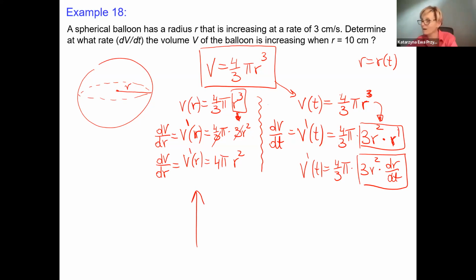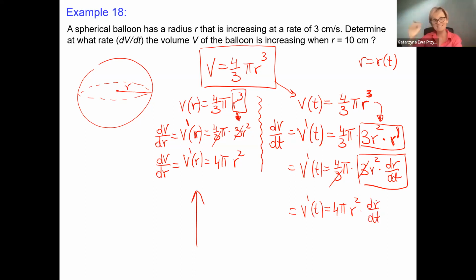That means r prime is the rate of change, the derivative of r with respect to time. So now let's see what we have. Actually, we can still cancel out. We will have 4 pi r squared and dr/dt.